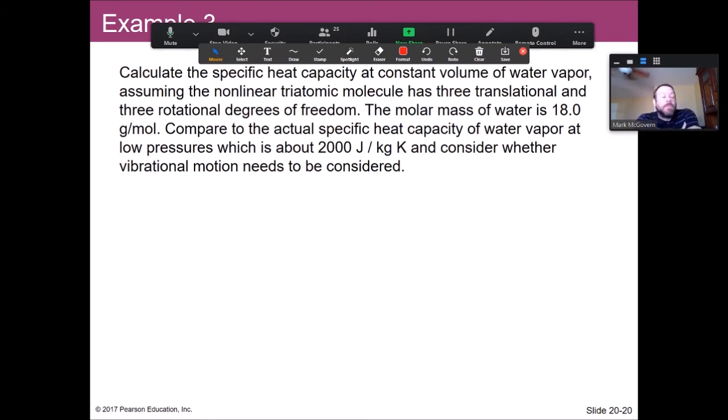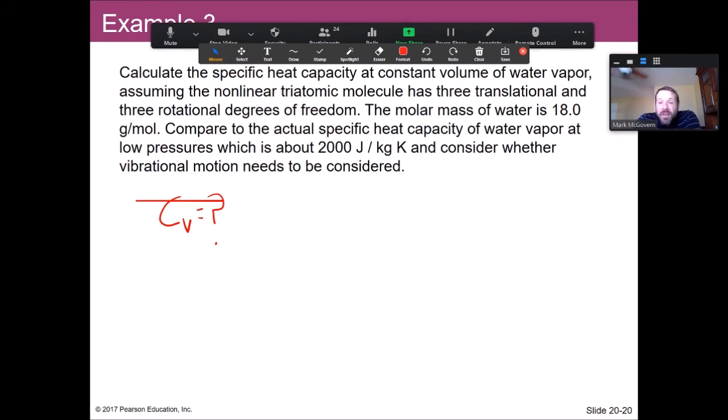All right, so let's talk about this one here. Calculate the specific heat capacity at constant volume. So that means, again, I'm going to annotate stuff. Calculate the specific heat at constant volume. So our C_V is unknown.